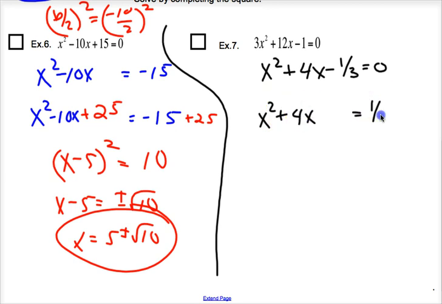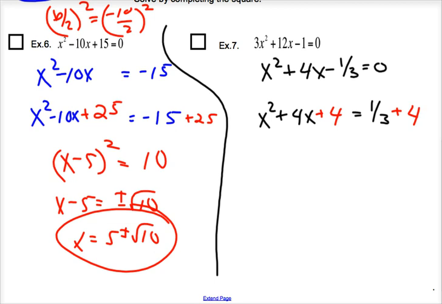Bring the 1/3 over to the right. Now, what do we add to both sides? b over 2 squared. What's b? b is 4. It's my new b. Whatever's in front of the x here is 4. 4 over 2 is 2. 2 squared is 4. So we add 4 to both sides.